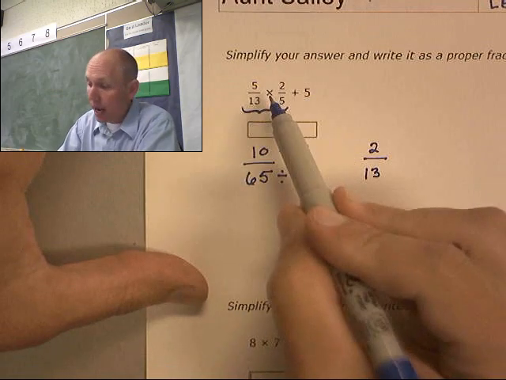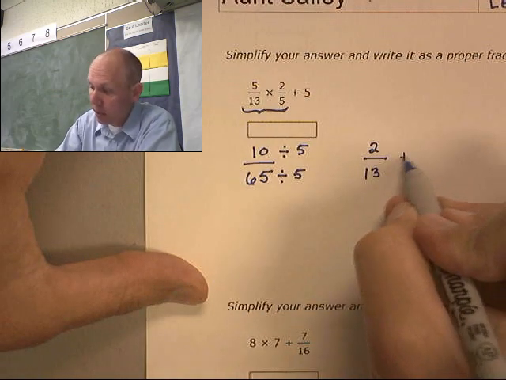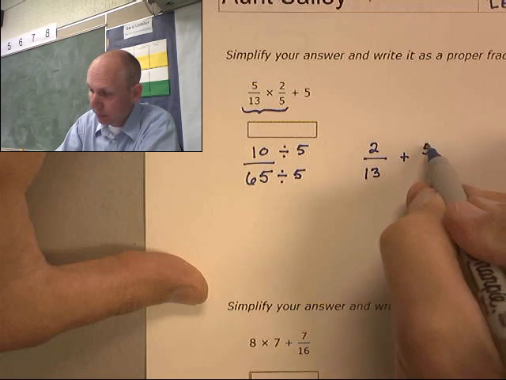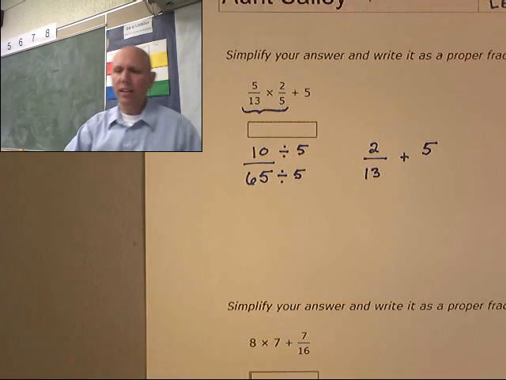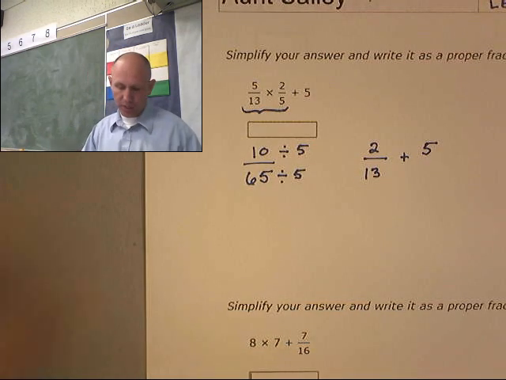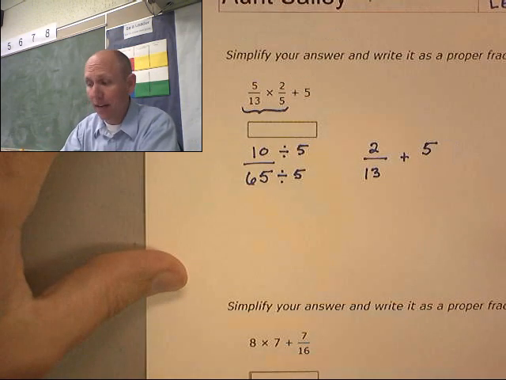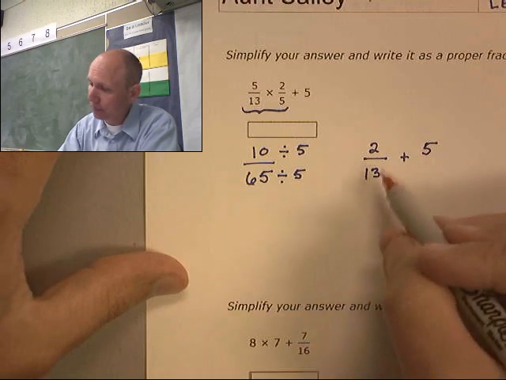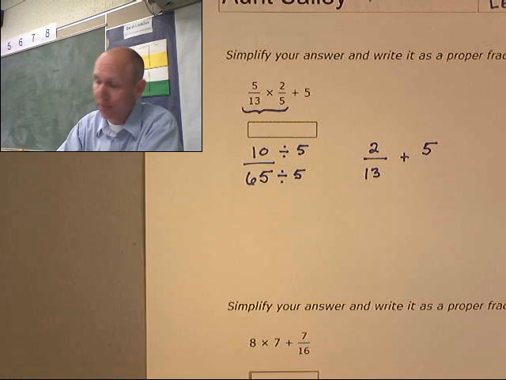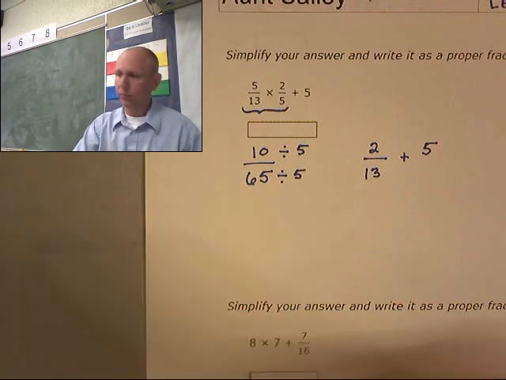Now, I've handled the multiplication. Now I need to do the addition, so I have to add 5 to it. Well, I like all my numbers to look like fractions when I'm trying to add fractions. Actually, I don't, because that's just a 5. This is going to be 5 and 2/13, isn't it? 2/13 plus 5 is 5 and 2/13. Right?